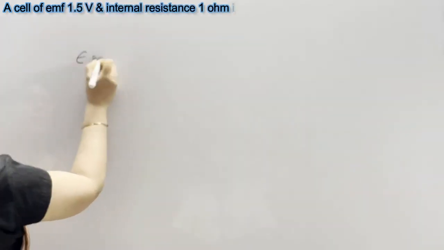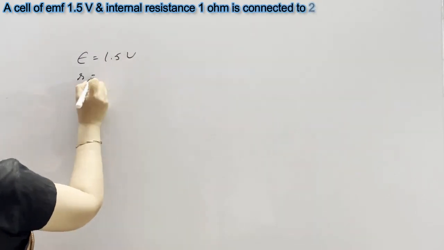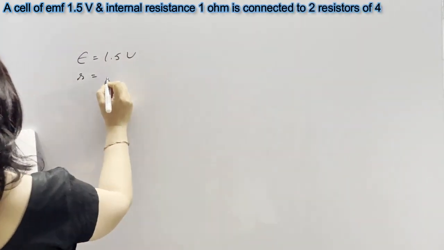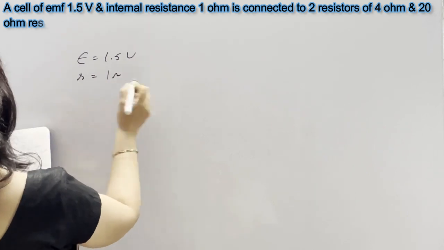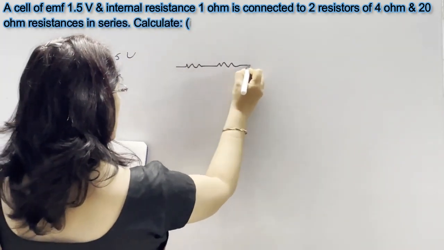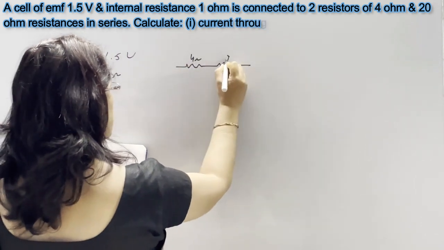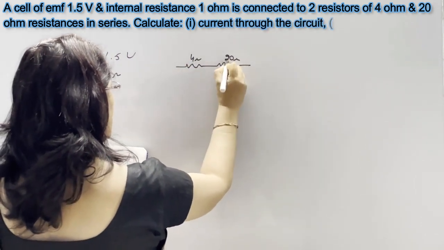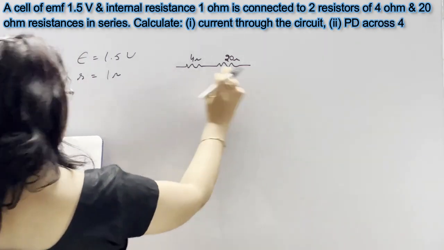In the third numerical, a cell of EMF 1.5 volt and internal resistance 1 ohm is connected to two resistors of 4 ohm and then 20 ohm, in series.